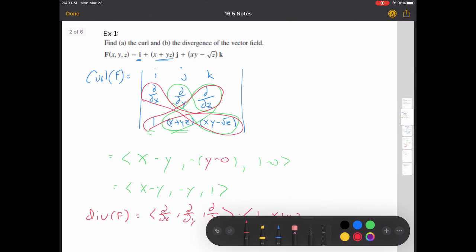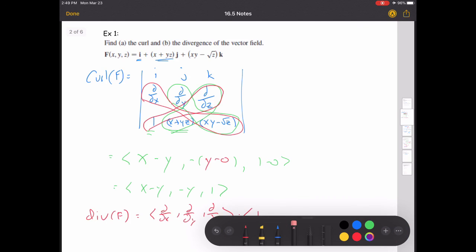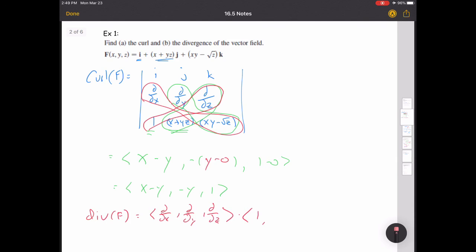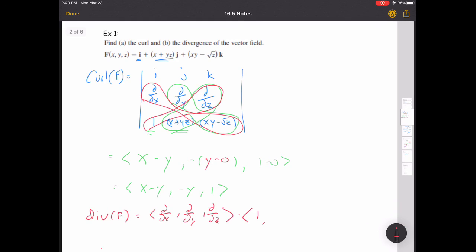That is supposed to be a yz. Sorry about that. Let's try that again: x plus yz, and then xy minus root z.